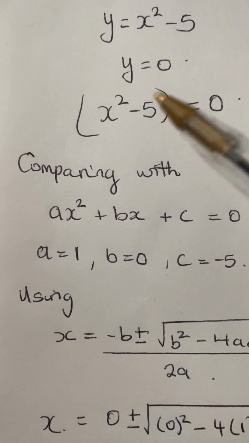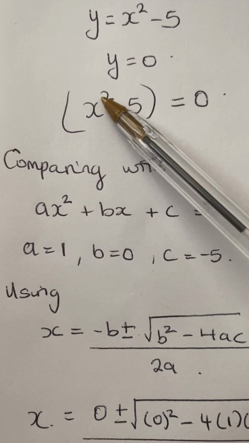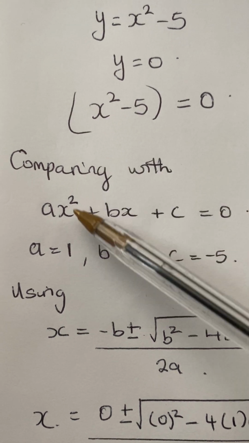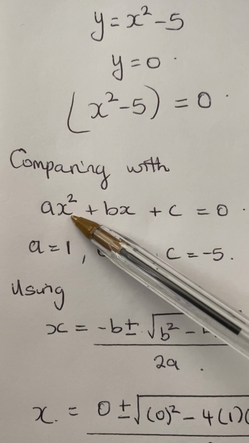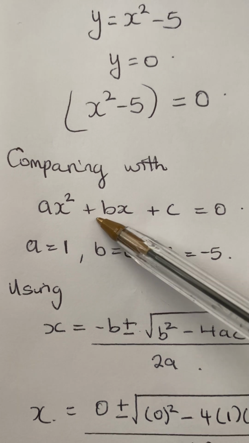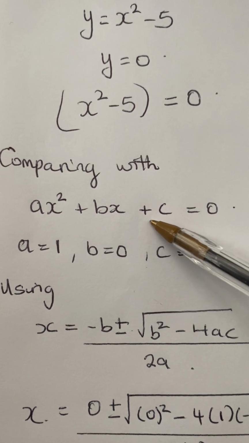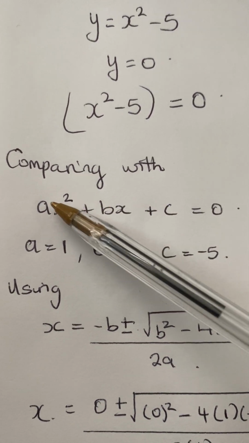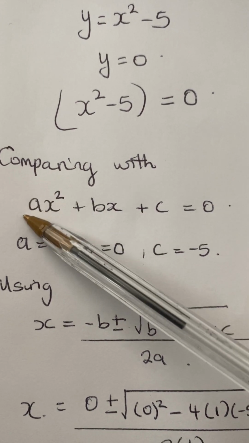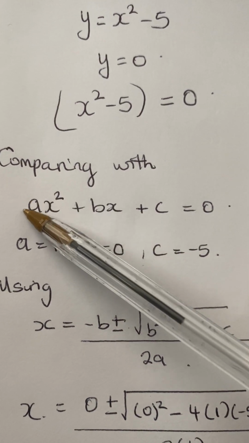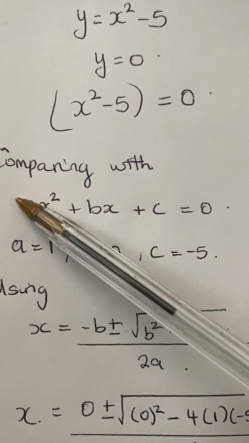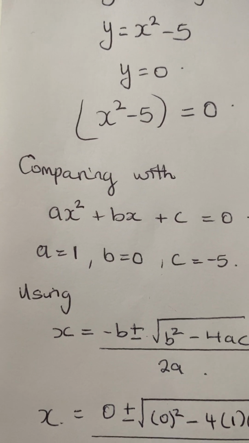Now we compare this equation to ax squared plus bx plus c equals 0. a is never equal to 0, because when a is 0, then the x squared will not exist.